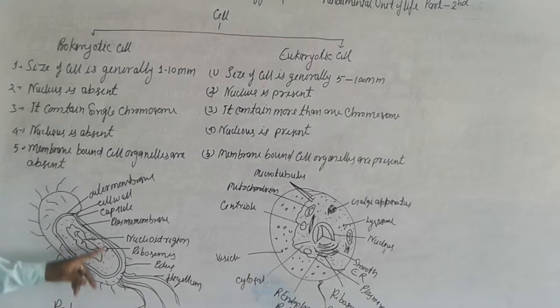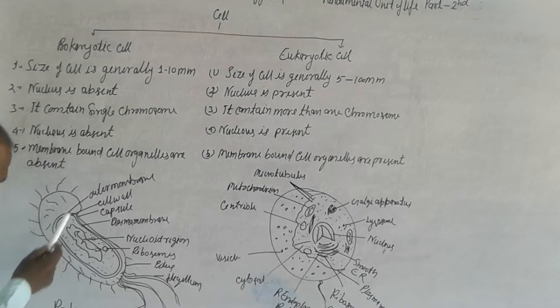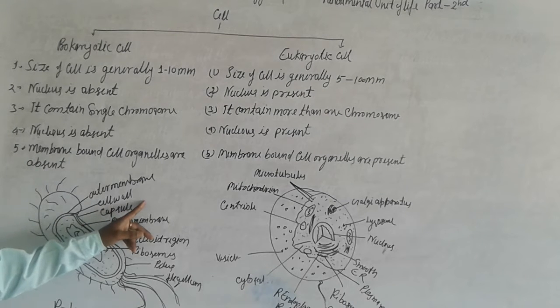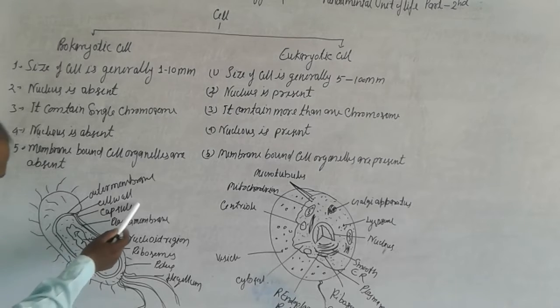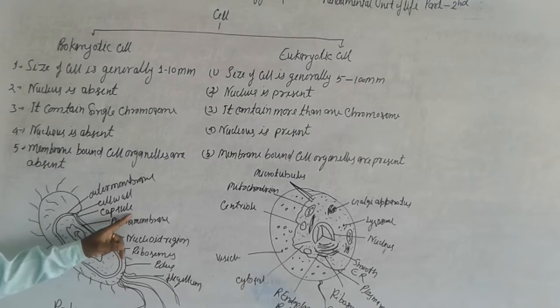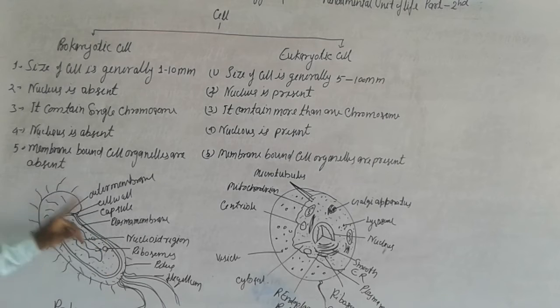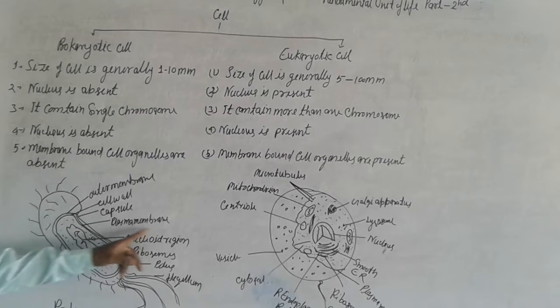You can see here, this is the structure of a prokaryotic cell. This is the outer membrane, and this is the cell wall. The cell wall also occurs in prokaryotic cells. This is the capsule, covering the cell, and this is the plasma membrane.